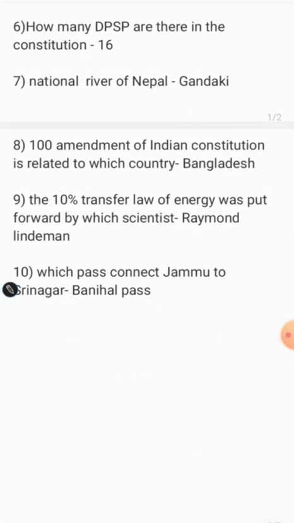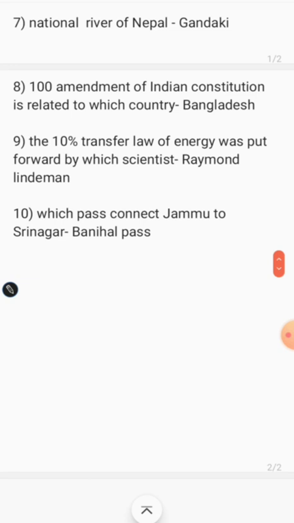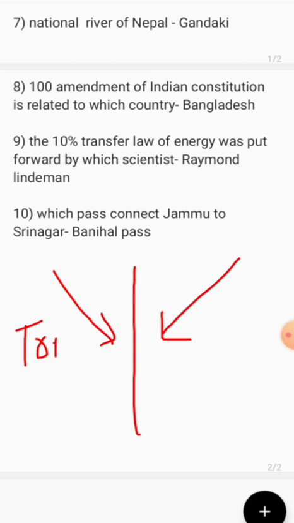And another fact relating to the Gandaki is that the Gandaki river has two tributaries, a left bank tributary and a right bank tributary. The left bank tributary is known as Trishuli, and the right bank tributary is Kali.